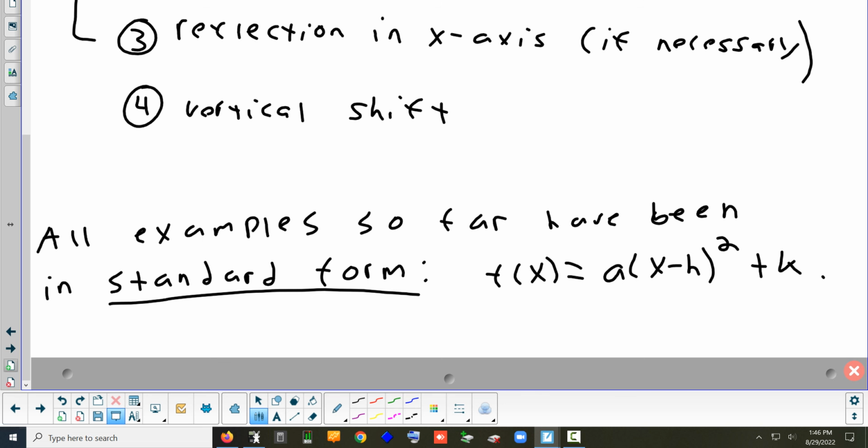That format, at least our book calls that standard form, where you got the vertical stretch in front, x minus h in parentheses, squared, plus k. That's what you want. If we don't have an equation in standard form, then we need to fix it so it is in standard form.